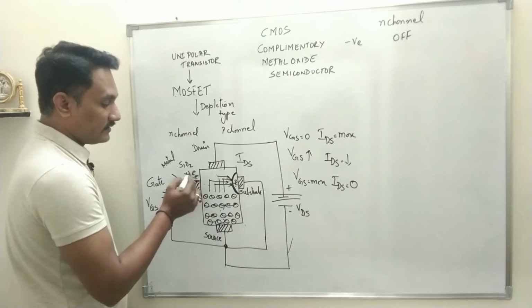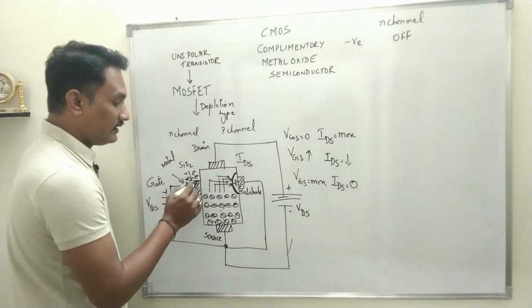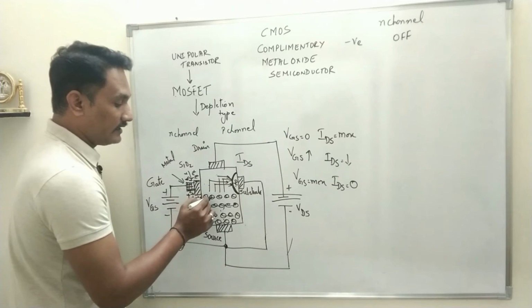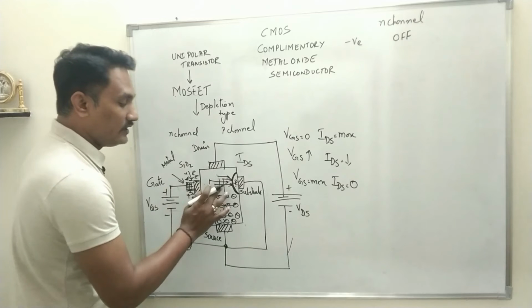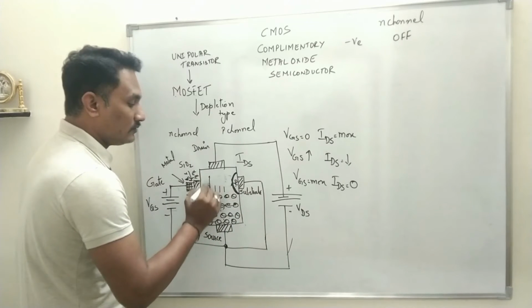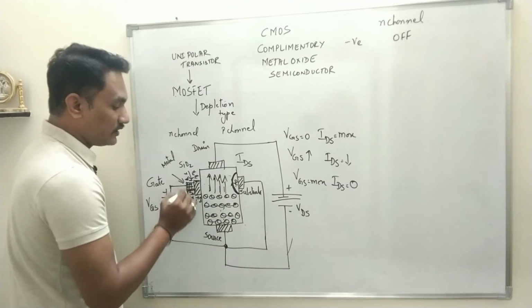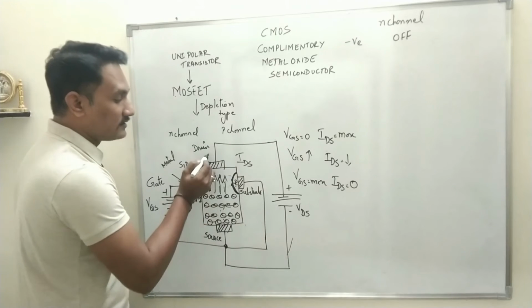You can say, sir, if it is a positive terminal, electrons can be attracted at this point, but there will be a dielectric between them. There is an insulator, so the charge carrier cannot move to the positive terminal. So the only path left for this charge carrier is to move towards the drain. So actually this positive terminal near the capacitor accelerates the electrons towards the drain.